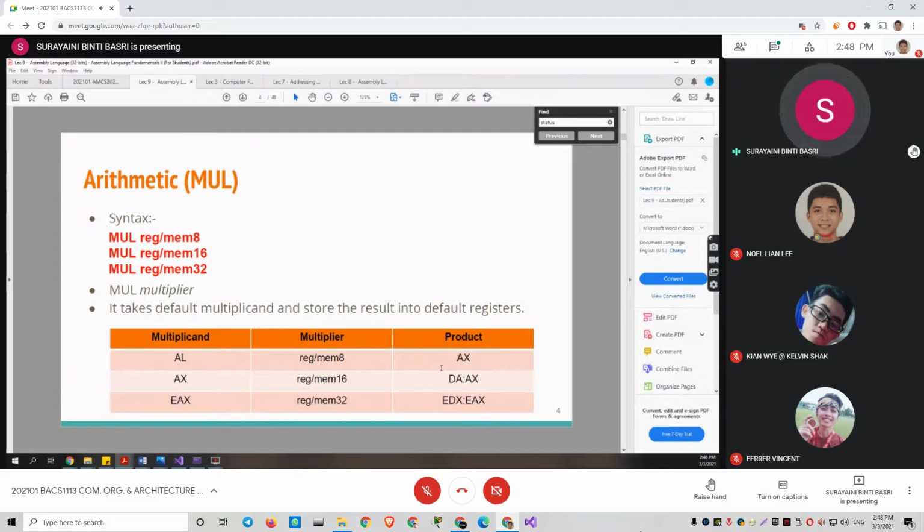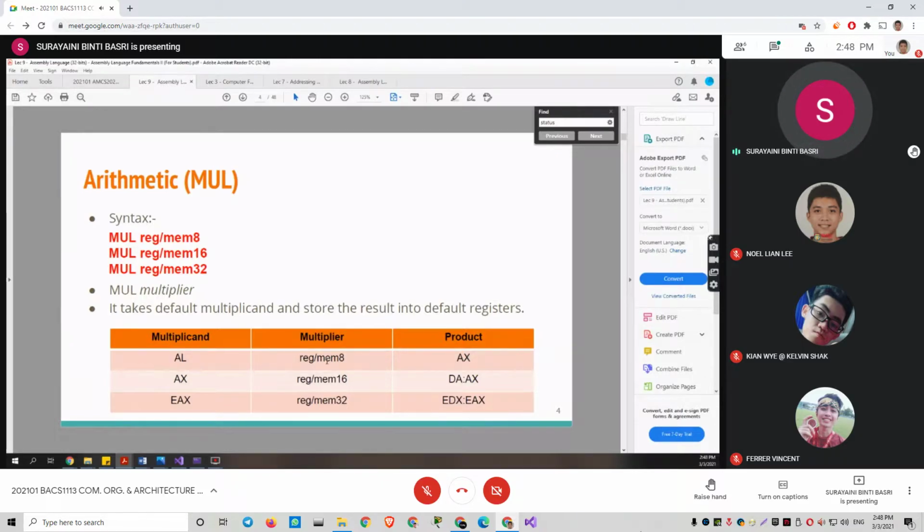Okay, so this is the default. Don't ask why, because this is the responsibility of that register. The other registers will not hold the result of our multiplications.